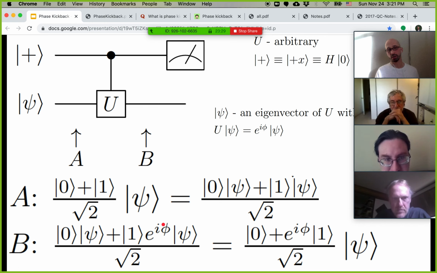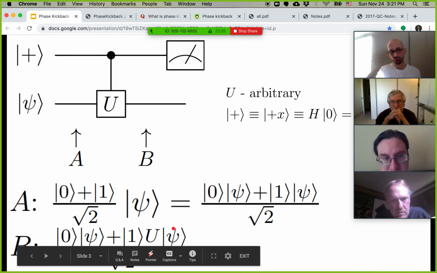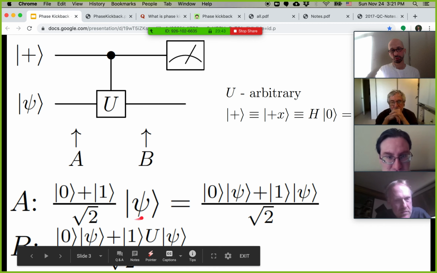Okay, now on the previous slide, after U applies to psi, we cannot factor out psi anymore. You see psi is factored out here, right? So this is the first qubit, and this is the second qubit.